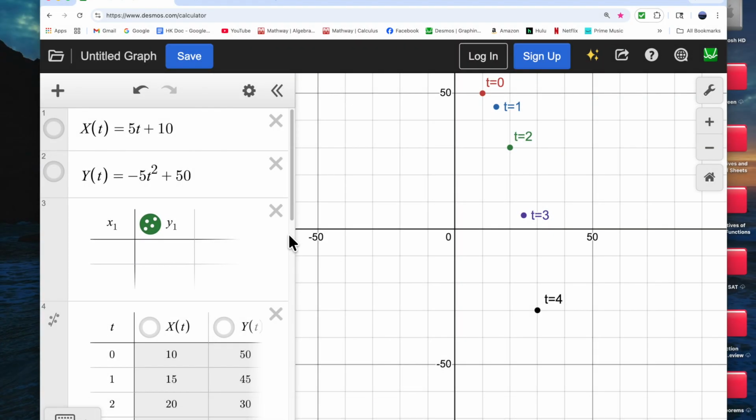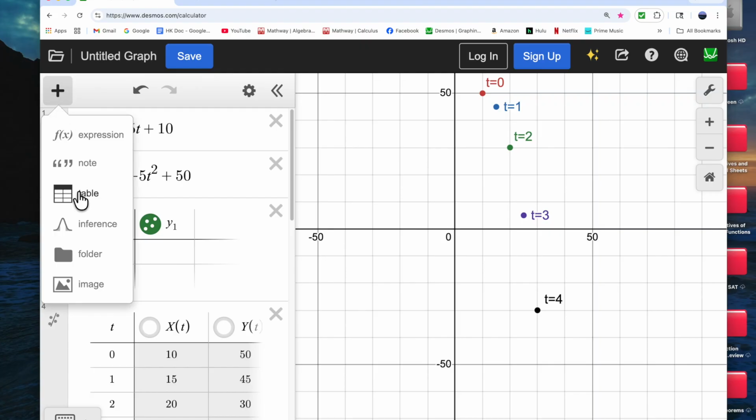Folks, this is how you use Desmos for parametric equations. Here was the original system. X of t equals 5t plus 10, y of t equals negative 5t squared plus 50. It's important for some reason that you use a capital X and a capital Y when you establish your parametric system. The next thing you do is you hit add item and you create a table.